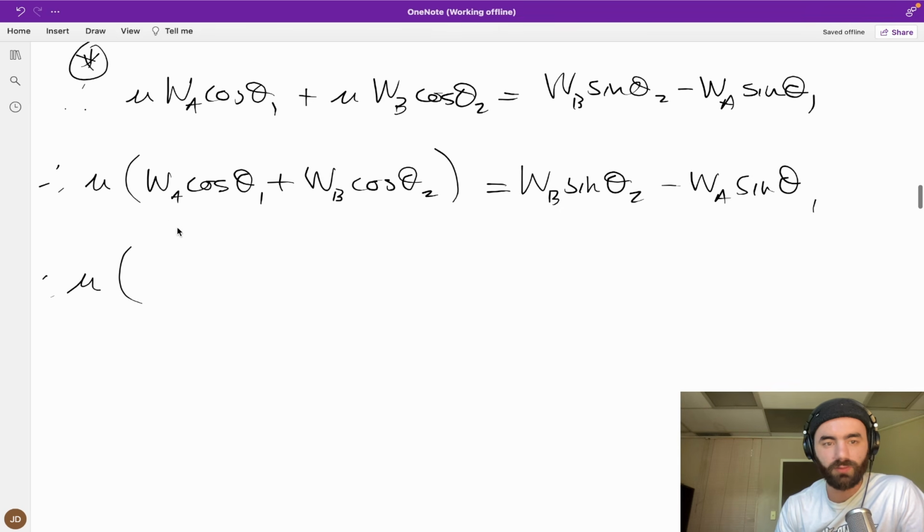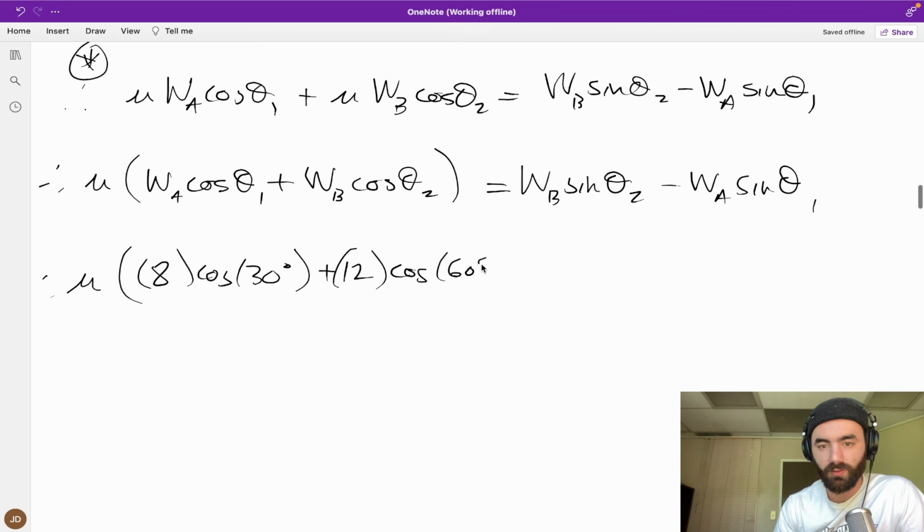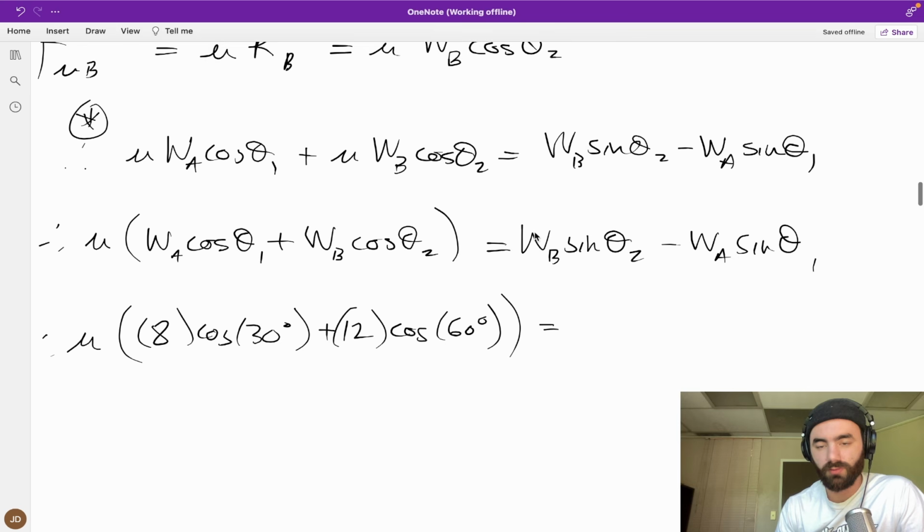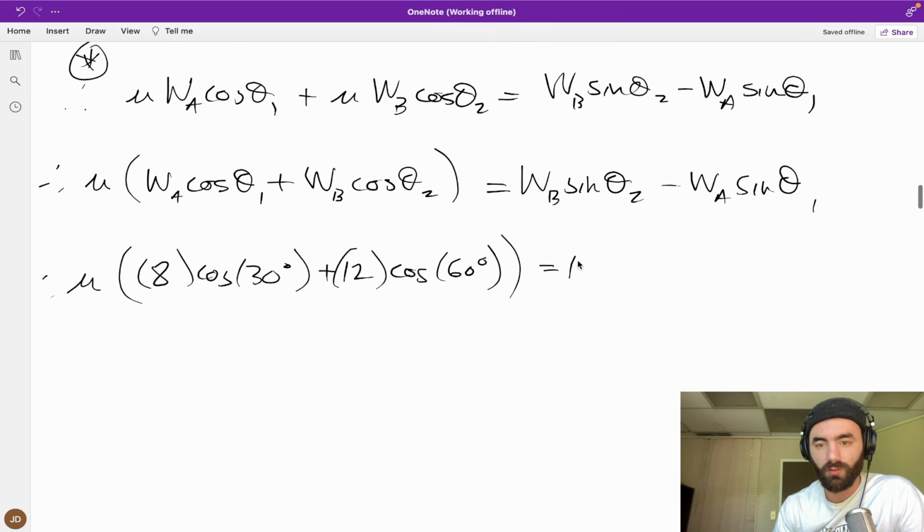So we get mu times, well, WA is 8, cos theta 1 is cos 30 degrees, plus WB is 12, cos of 60 degrees, equals WB is 12, sine 60 degrees, minus 8 sine of 30 degrees.